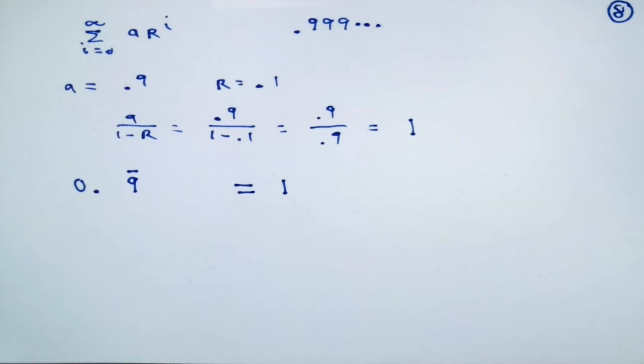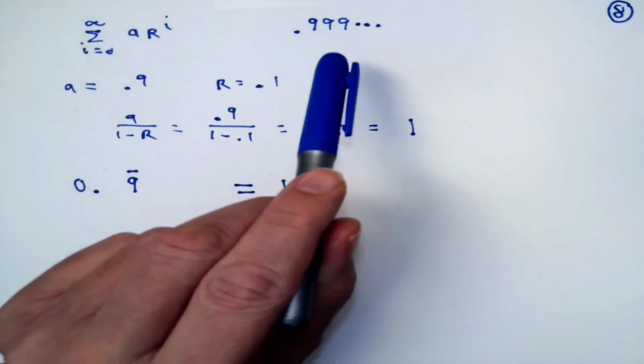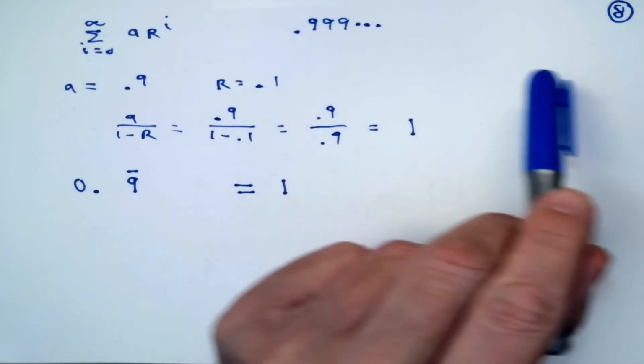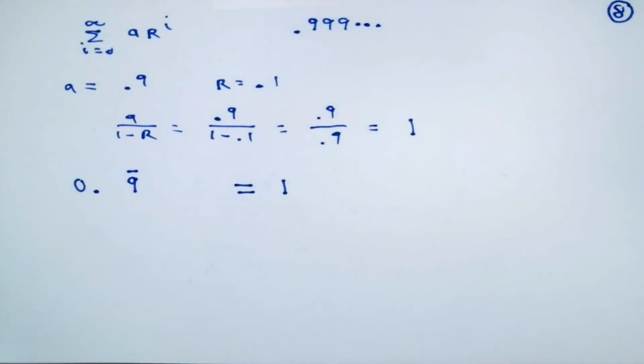Using a equals 0.9 and r equals 0.1, a over 1 minus r ends up being 0.9 divided by itself, which is 1. The sum of this infinite series, which, writing things out, was a decimal point and an infinite set of nines, actually is very close to 1.